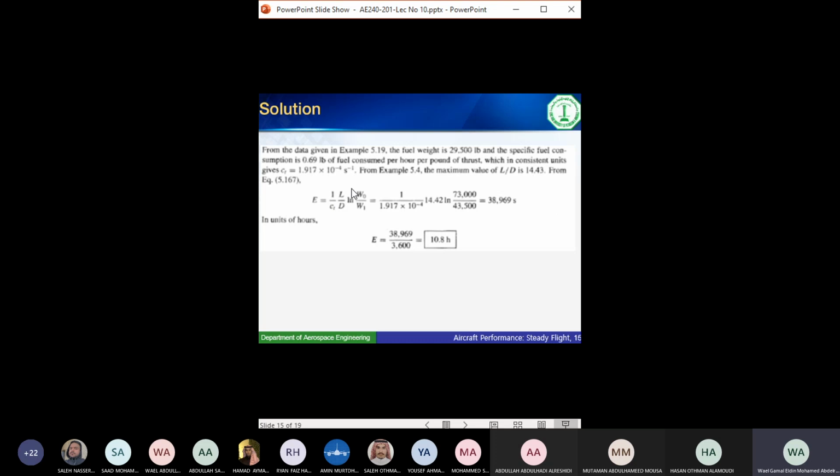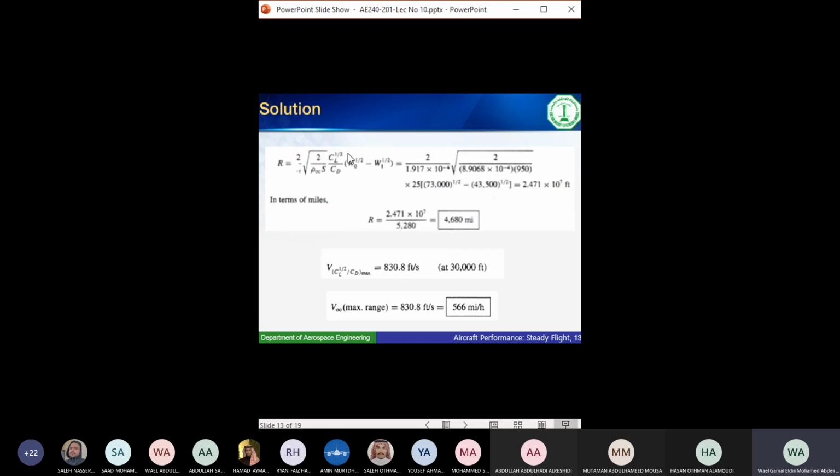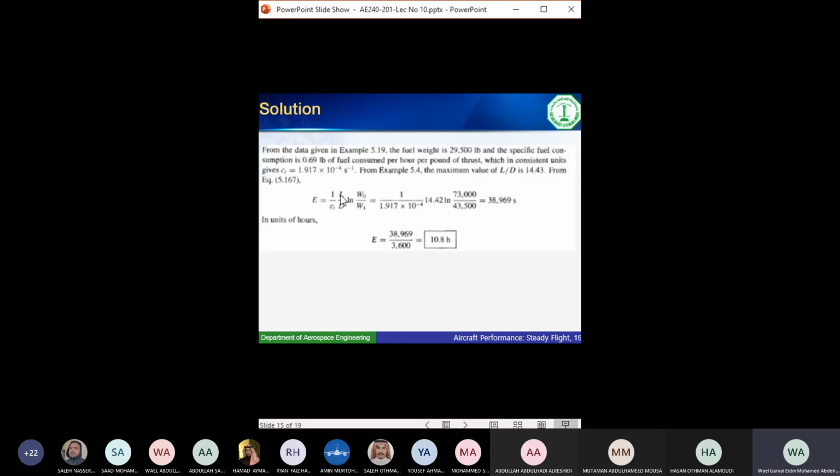This is L over D, not L to the power 1/2 over D, and the maximum is different. That's why in the homework, the quiz, or the midterm, there were different expressions for the ratios. So here it's CL over CD, a different expression, and it will be 14.4, not the 25, but 14.